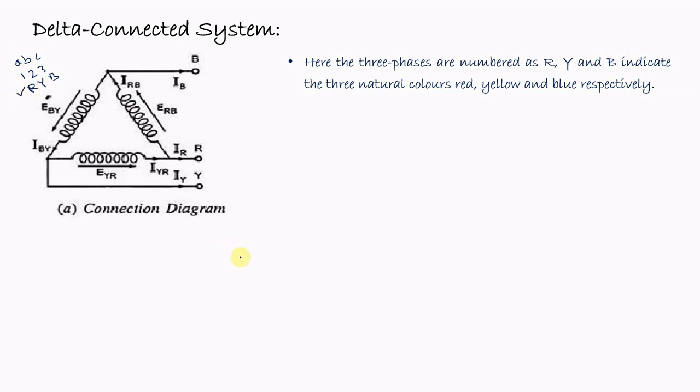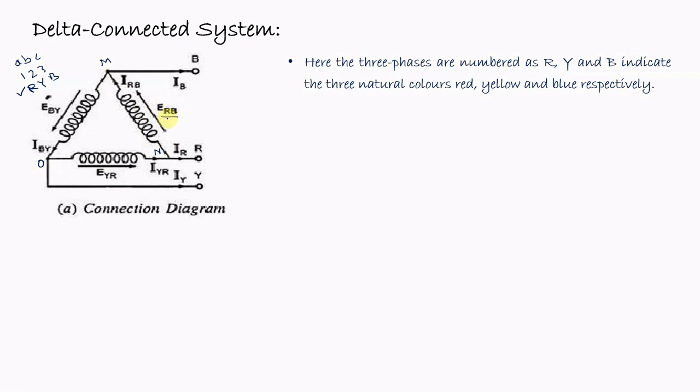So here we have considered the three coils where ERB is considered as the EMF induced in the first coil. Let's say this is terminal M, here it is terminal N, and here it is terminal O. So between N and M, we have the first coil where the EMF induced is ERB.